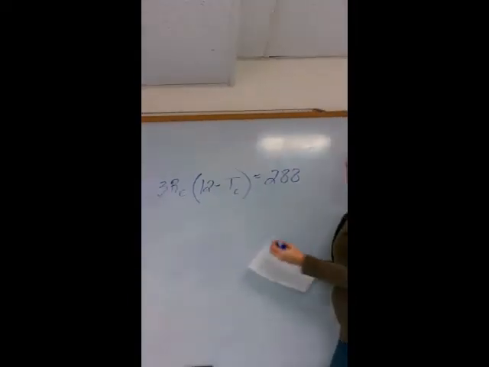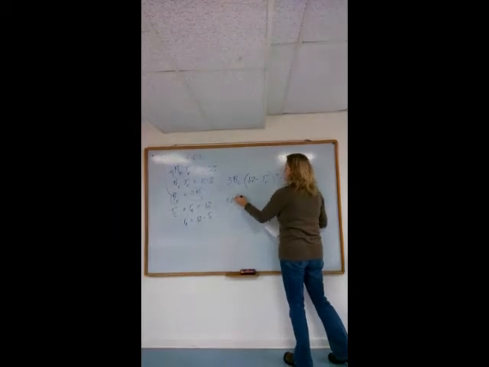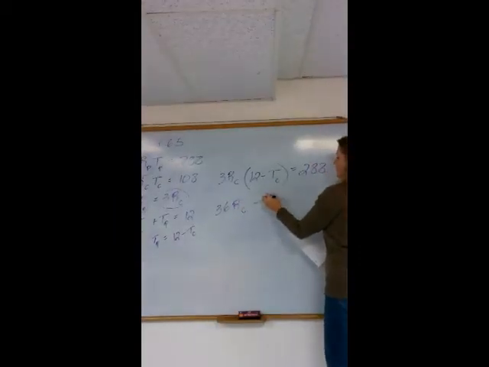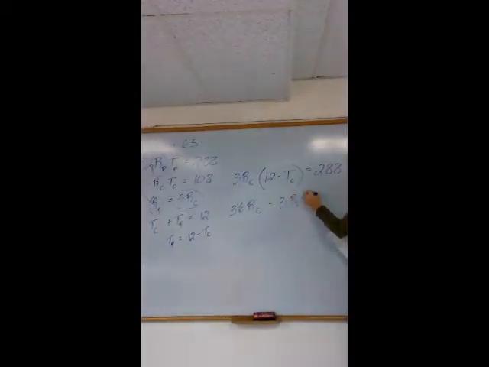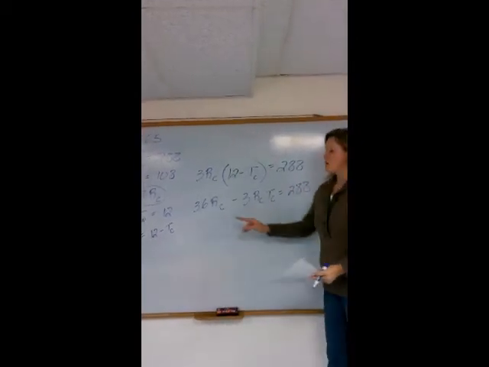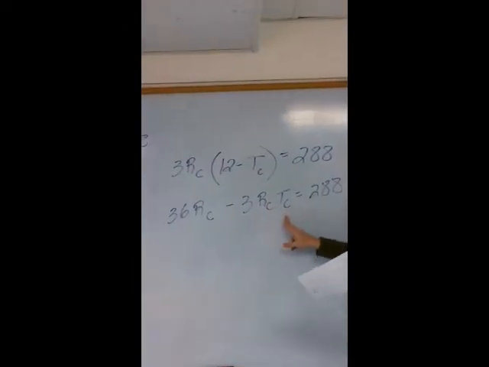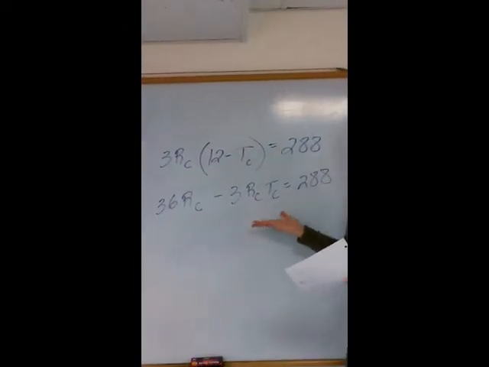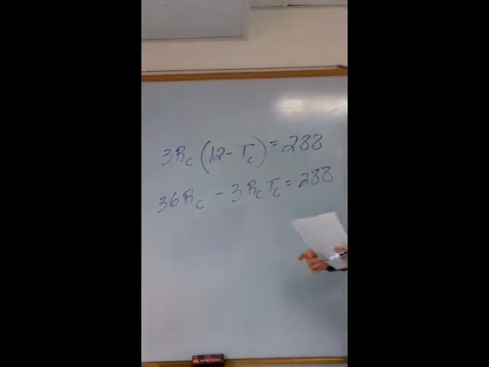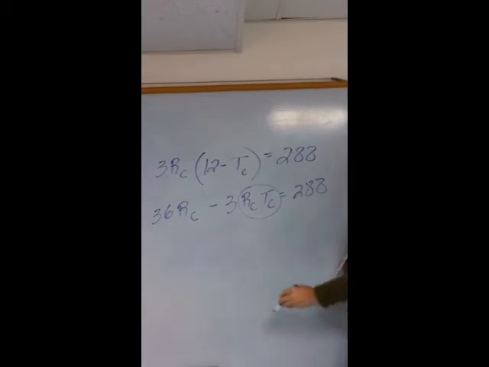Now we're going to just multiply this in. So that would be 36 RC minus 3 RC TC equals 288. Now we have one equation, but we actually have two missing letters. But the fun part of this one, this is the advanced part, is that RCTC we actually know.